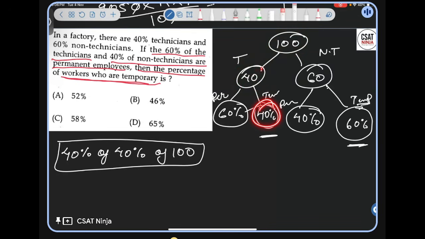This is the temporary employee. 40% of 100 plus the other one, which is the same thing, 60% of this 60% of 100.